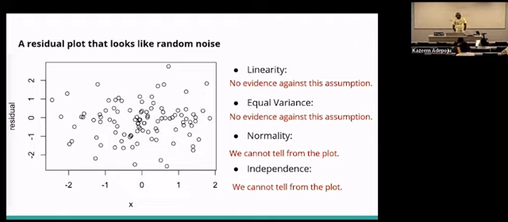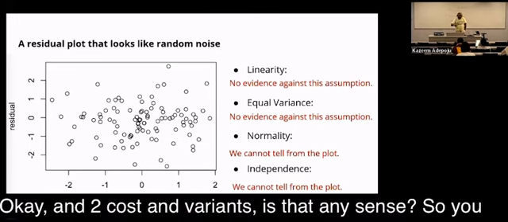Even though we have four assumptions, a residual plot can only be used for two. One, linearity, and two, constant variance. Does that make sense to you now? If you take a look at linearity, of course, the residual plot here does not show any pattern. Because of that, I'm going to say the linearity assumption holds.